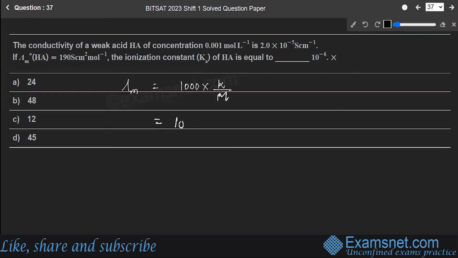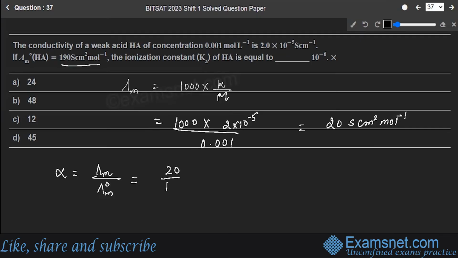So this is equal to 1000 into 2 into 10 power minus 5 divided by 0.001. This will give you 20 centimeter square per mole. All right. And you're given the molar conductivity for the infinite dilution as well. So alpha is given by this.